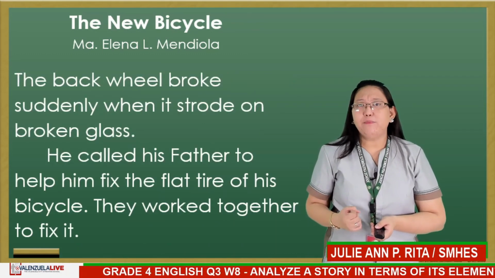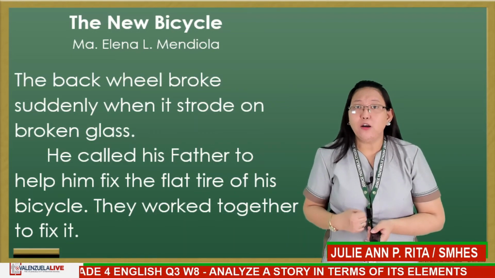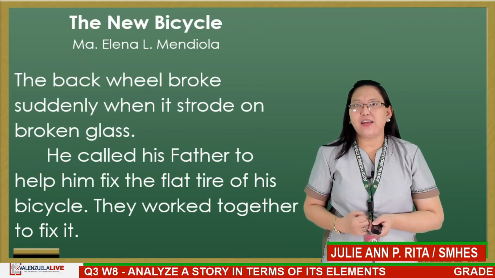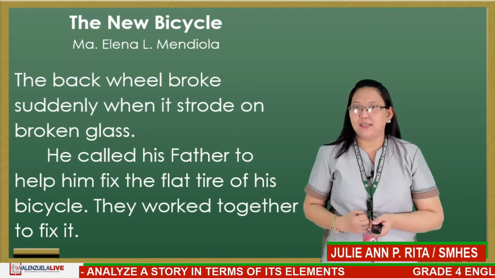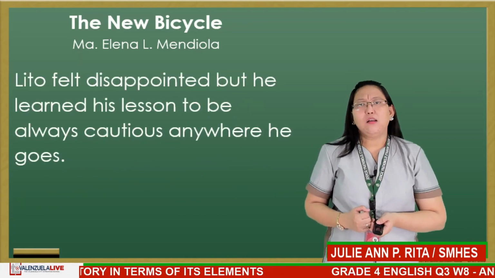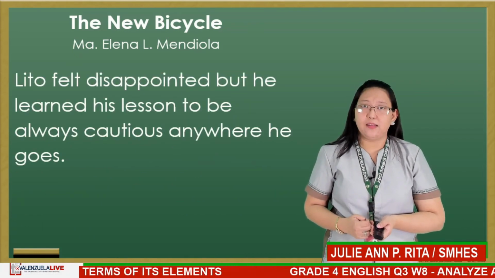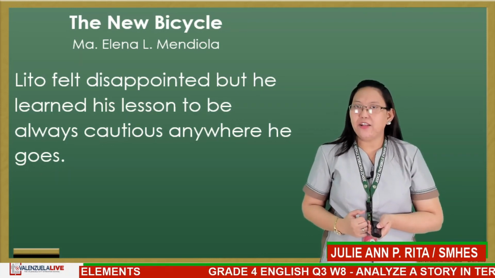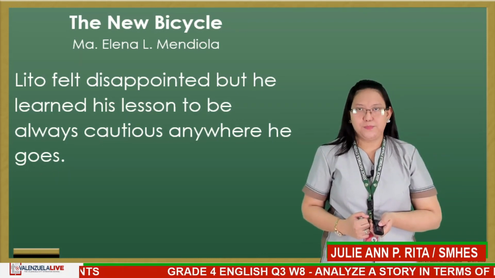The back wheel broke suddenly when it struck broken glass. He called his father to help him fix the flat tire of his bicycle. They worked together to fix it. Lito felt disappointed, but he learned his lesson to be always cautious anywhere he goes.